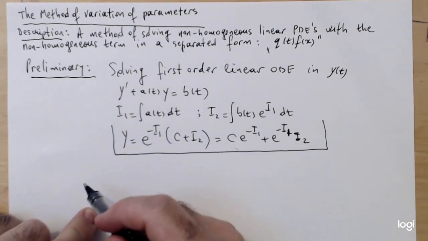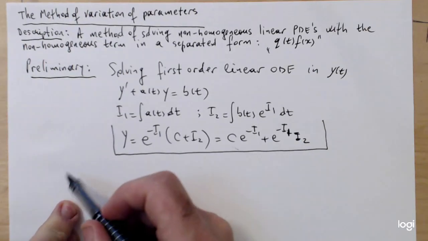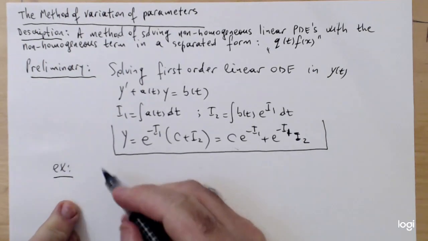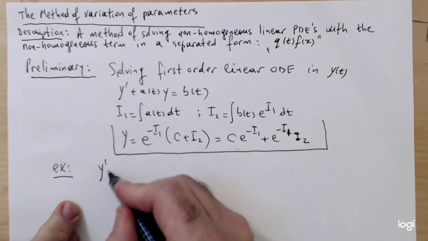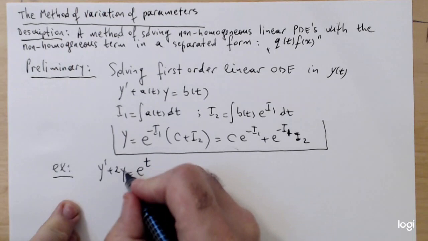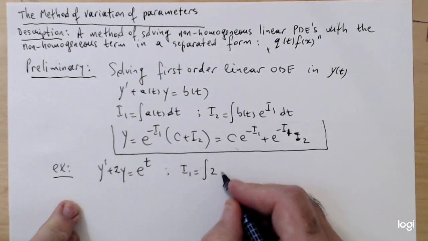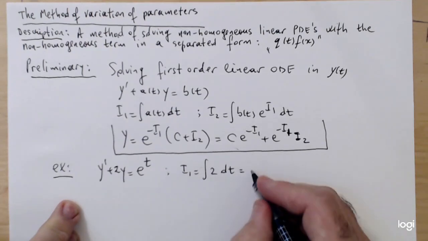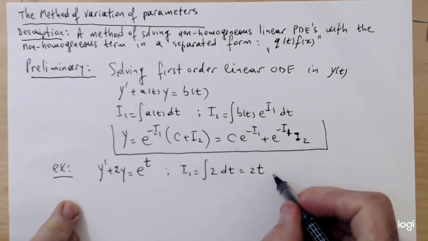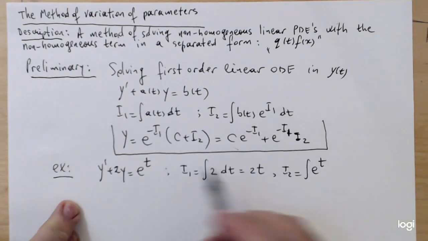Let's do an example to refresh our memory with this equation. Suppose I want to solve y prime plus 2y equals e to the t. According to the formula, I1 is the integral of 2 dt, which is 2t. The second integral is the integral of e to the t times e to the I1.